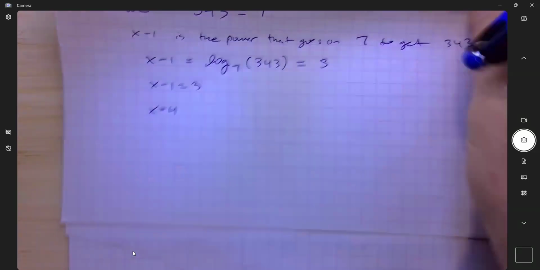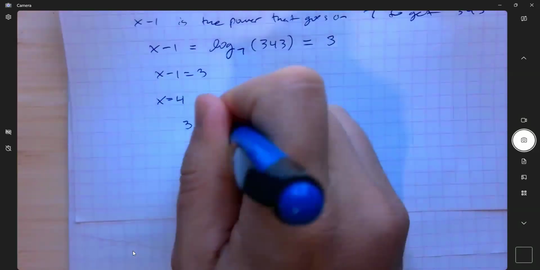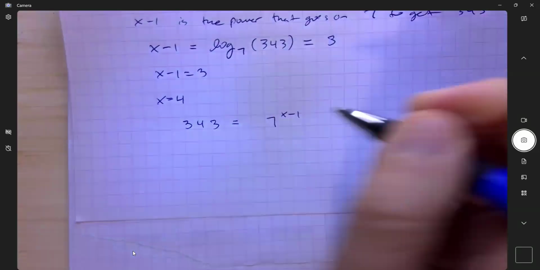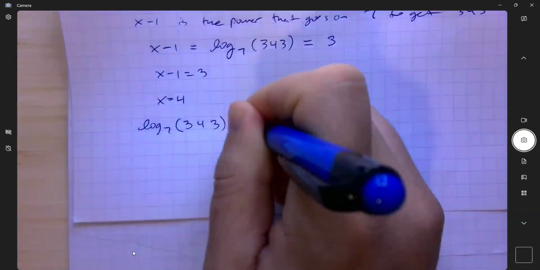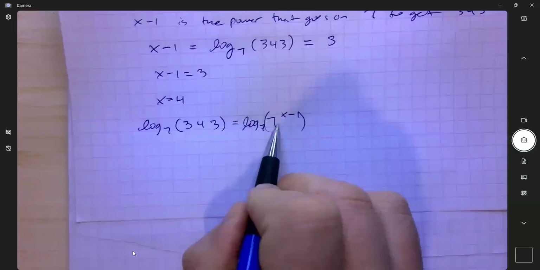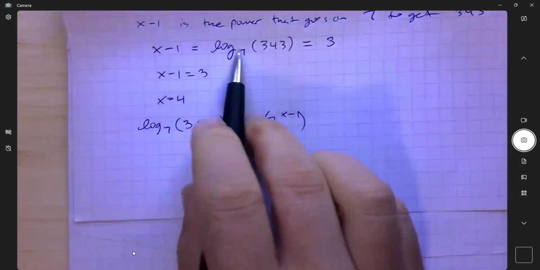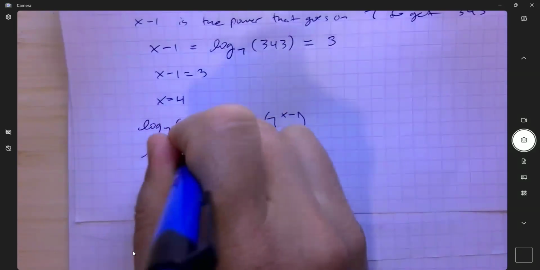If you want to skip the verbal representation, there's kind of a shorthand, and that's simply to stick both sides into a logarithm where your base matches. And notice I have the log 7 of 343 just like I did earlier.